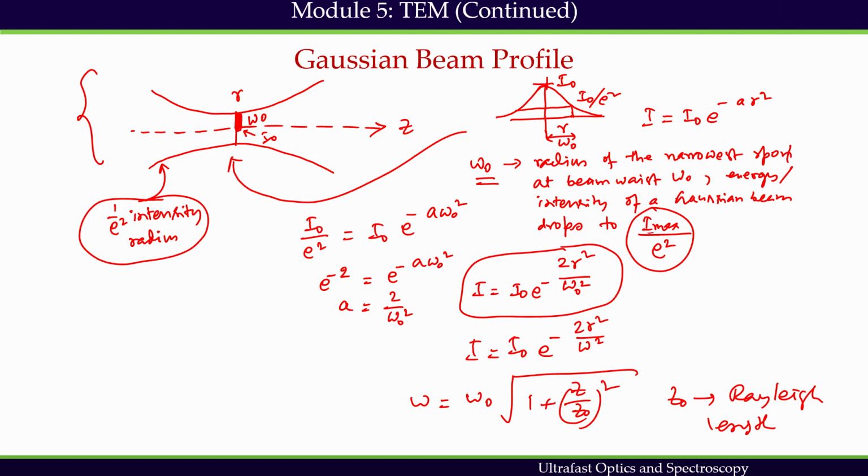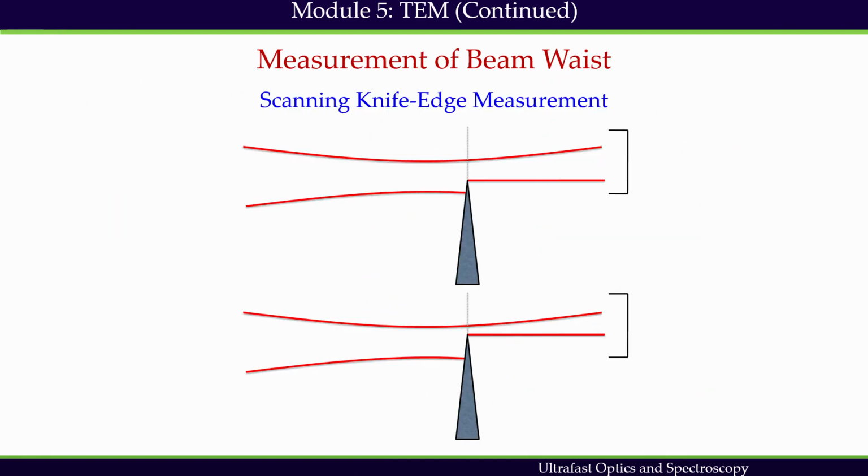For many laser applications, including ultrafast spectroscopy, measuring beam width becomes important for laser output characterization, because generally we express the fluence as energy per cross-sectional area, and this cross-sectional area depends on how we define the width.